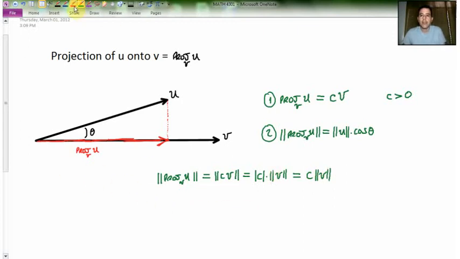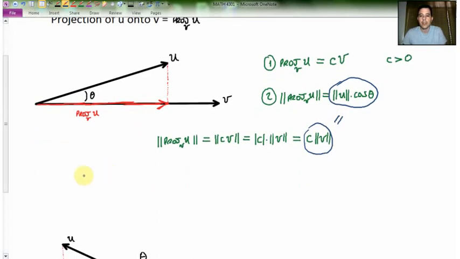Now let's combine the two pieces, because both are the length of the projection of u onto v. These two are the same. That means c times the length of v equals the length of u times cosine of theta. From here we get c equals the length of u divided by the length of v, times cosine of theta.